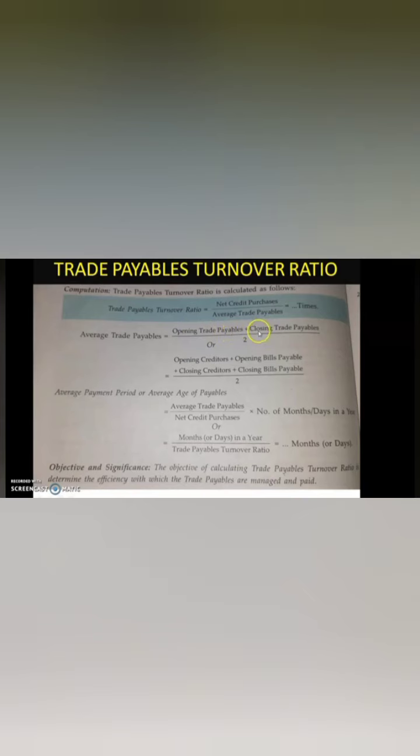In the same way, if they have given you the closing trade payables and not the opening trade payables, in that case also don't find the average. Just write down the closing trade payables amount given to you. Don't divide that amount by 2. Okay, so this was finding the average trade payables.